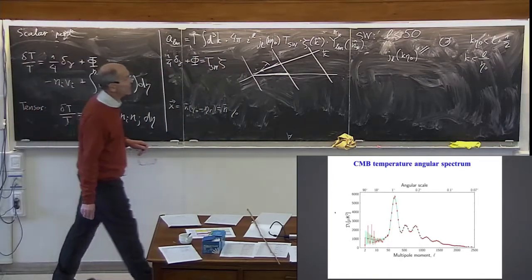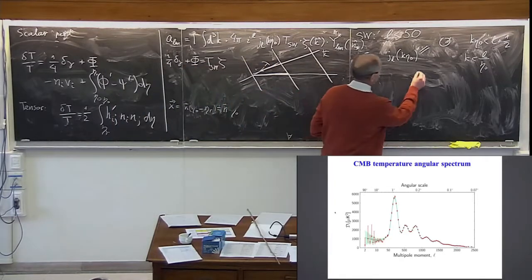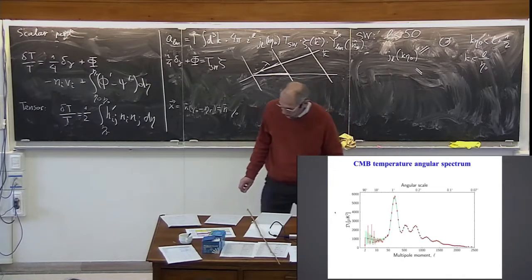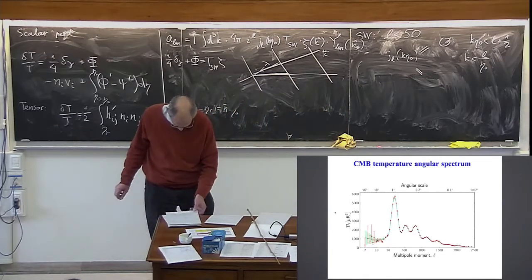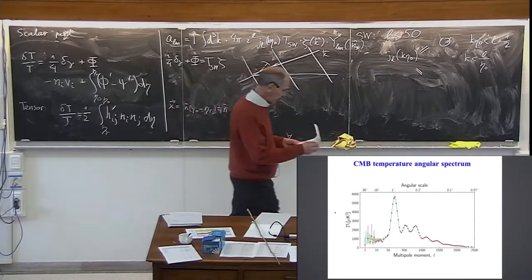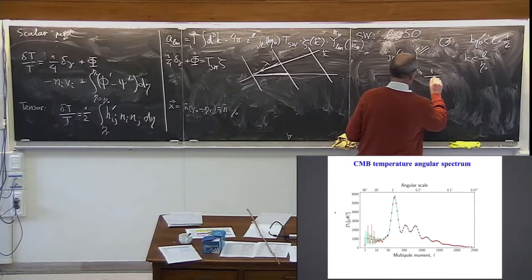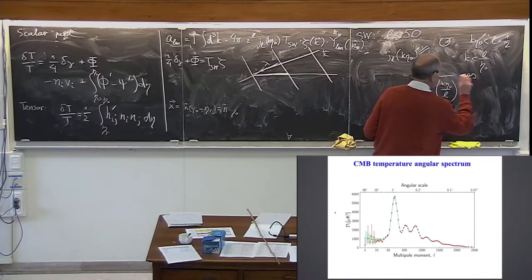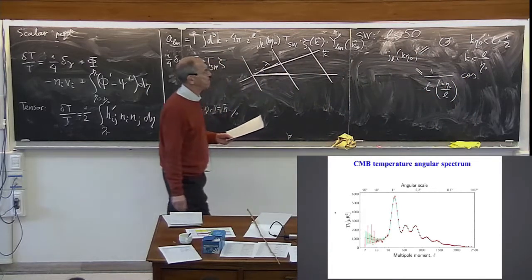But not much higher, because this j goes roughly like 1 over L, and there is roughly the ratio of k eta naught over L, with an oscillating cosine. I will tell about the oscillating cosine later on.